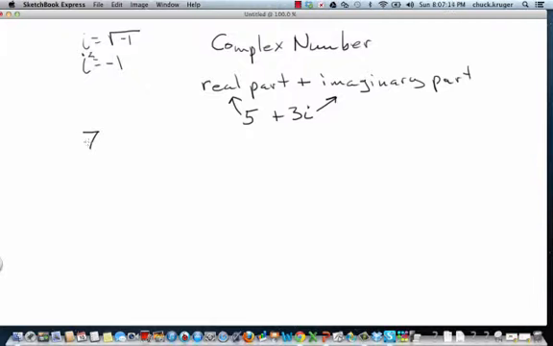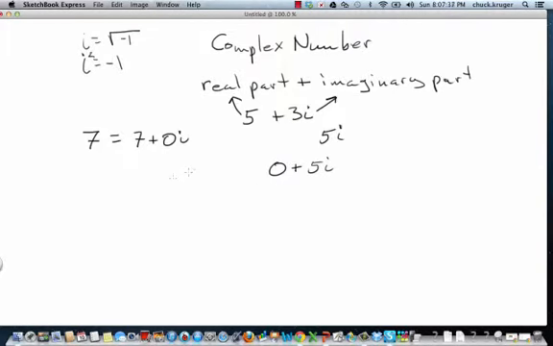So if I have 7, just the plain old 7, I can say that is 7 plus 0i. Okay, so it's a complex number because it has a real part and it has an imaginary part. Likewise, if I have 5i, I can say that's 0, because 0 is a real number, plus 5i, there's my imaginary part.